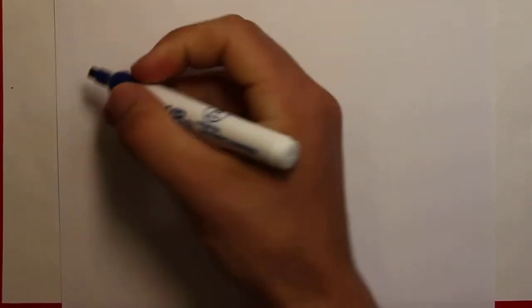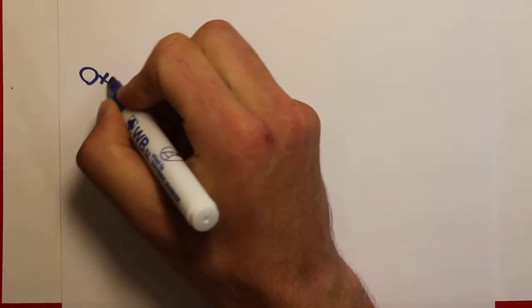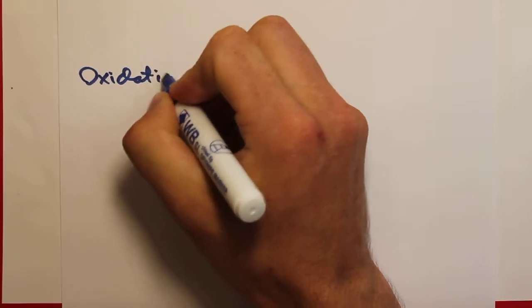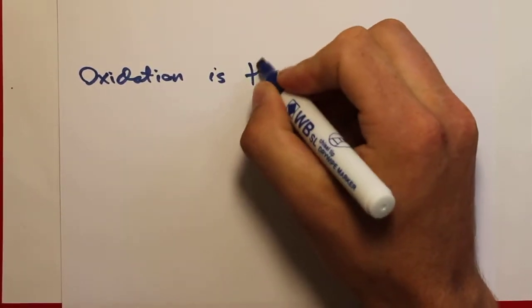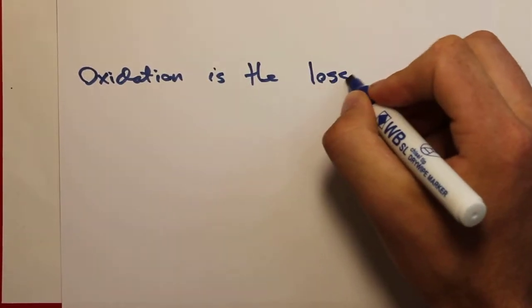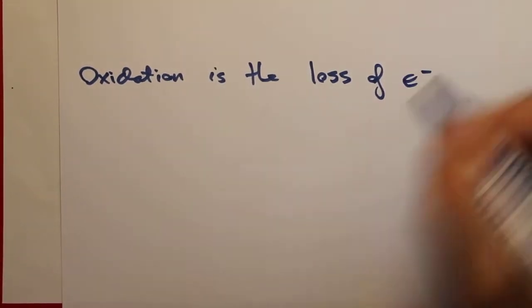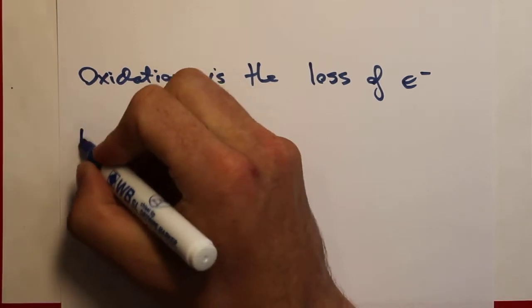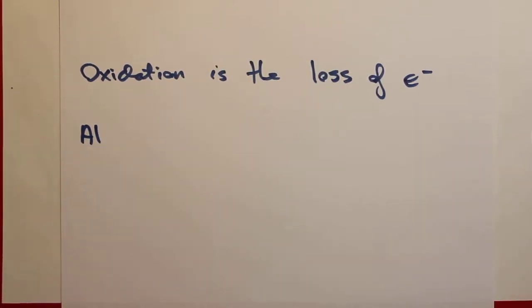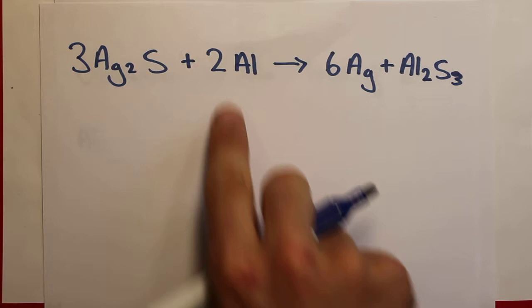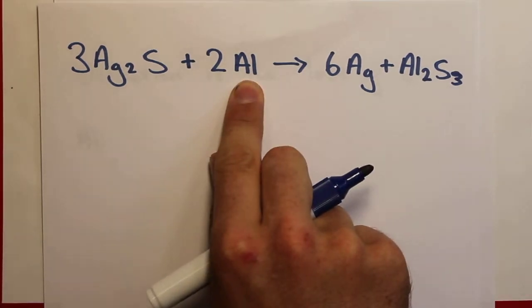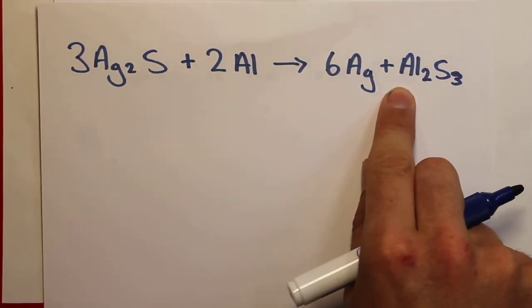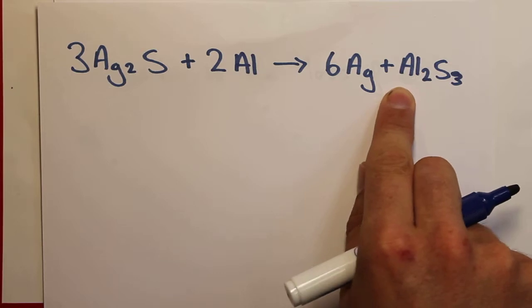So oxidation is the loss of electrons. And which substance was oxidized? Well, the aluminium went from having all of its electrons to forming a bond where it's gone to a 3+ ion.